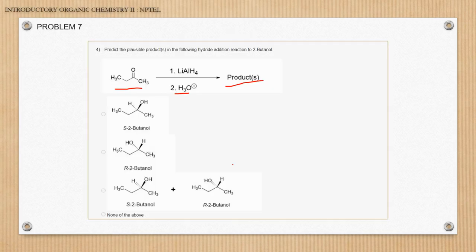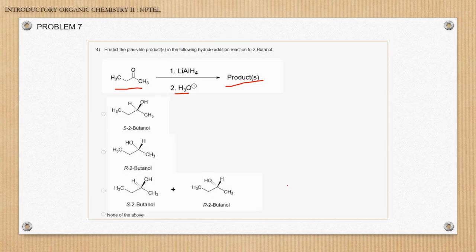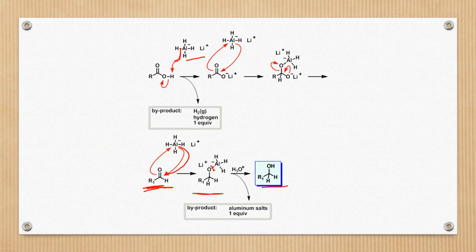After that, the second step is the hydrolysis. In the hydrolysis, this aluminum oxygen bond will cleave and you will get the alcohol form. So here, if you have the alcohol as the product, then what will happen is the hydride can add at both the faces.